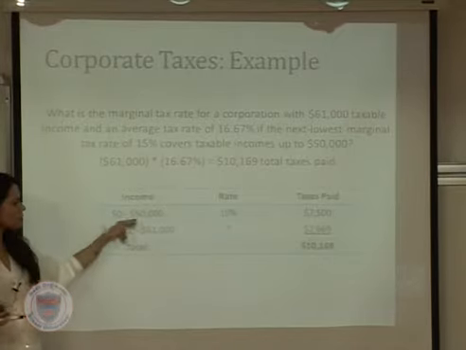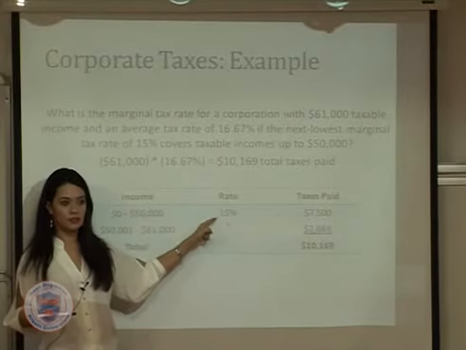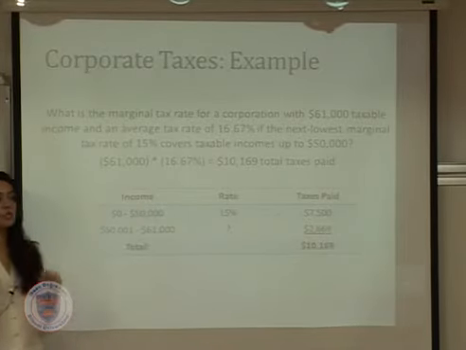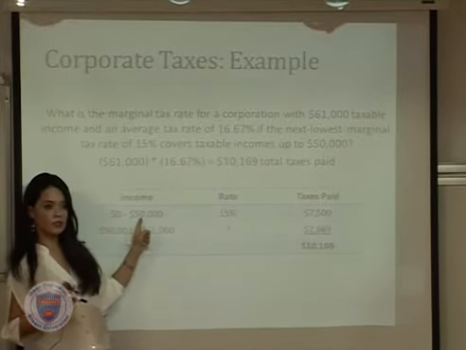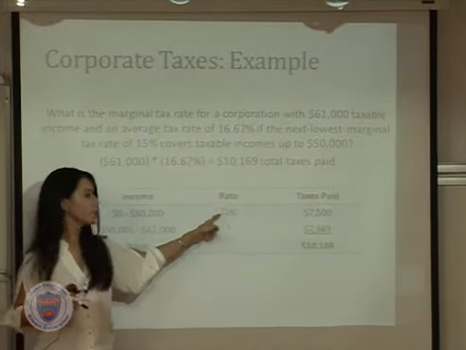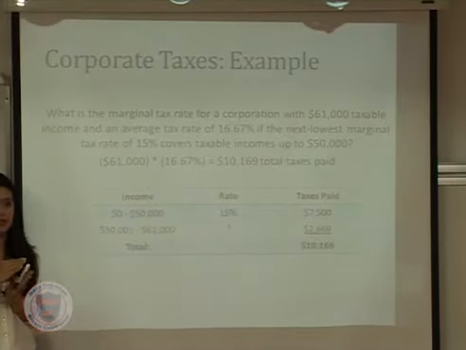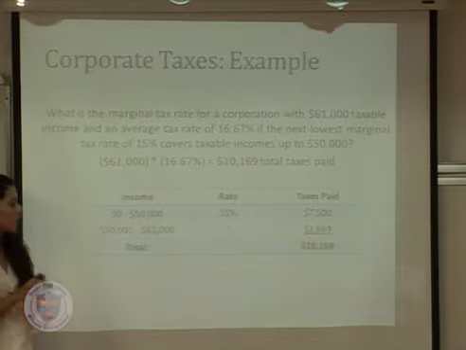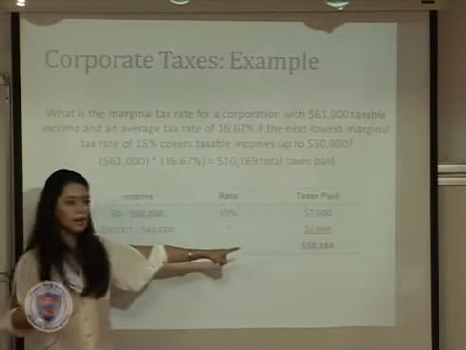For the first $50,000, you paid 15%. If you multiply 50,000 by 15%, you paid $7,500 to the government for the first $50,000 you generated. But you know that overall you paid $10,169.